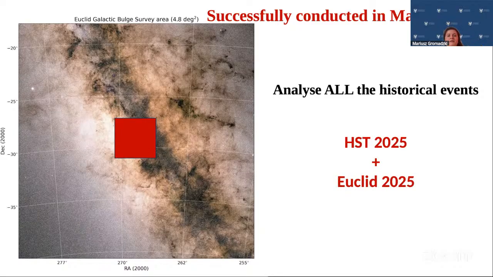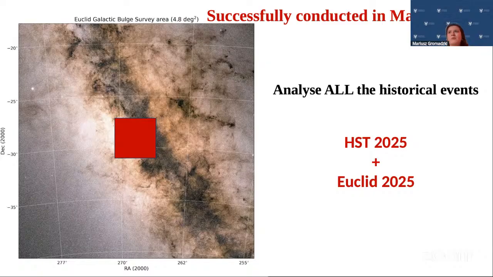And we plan to start with all the events that are also in the HST observations. And this will give us more impact. So hopefully, if we do this, then we will convince ESA to include people outside of the working group.